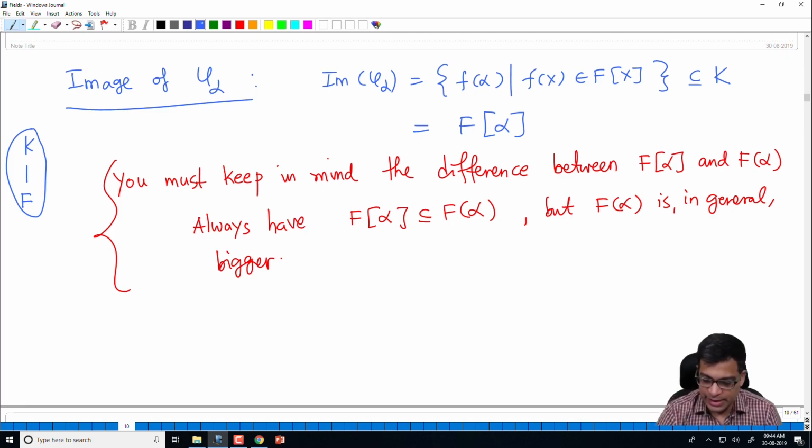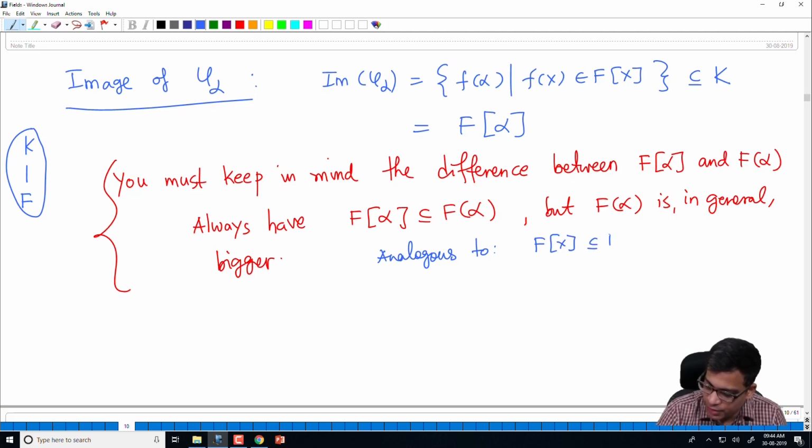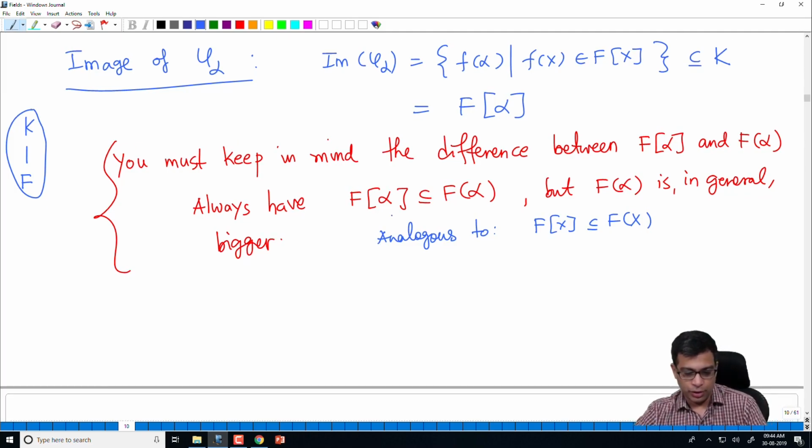So this is exactly analogous to the construction of the polynomial ring and its field of fractions, which we denoted by F round bracket x. The only difference is that here x is a variable, while here alpha is not a variable, but an element. Now let's come back to this.